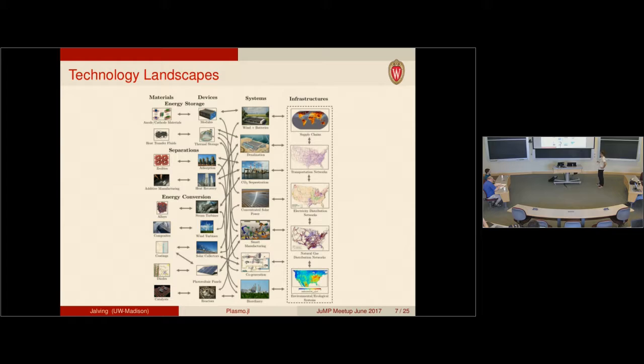We're also interested in looking at technology landscapes. So new technology production is really going towards this multi-scale paradigm where you might have materials which really determine the performance of the devices that they're embedded in, but the device also provides the constraints that you need to design the material to, and that propagates all the way to the systems level, which goes to the infrastructure level, and those infrastructures are also communicating with each other.